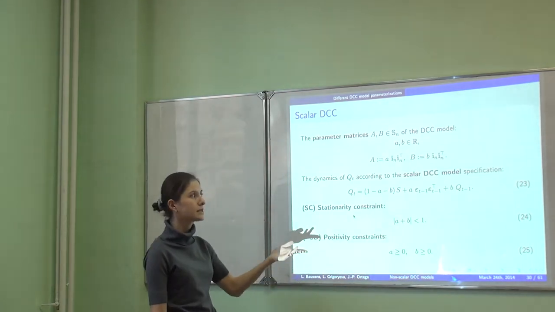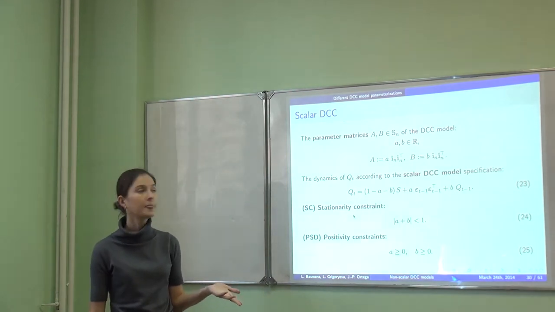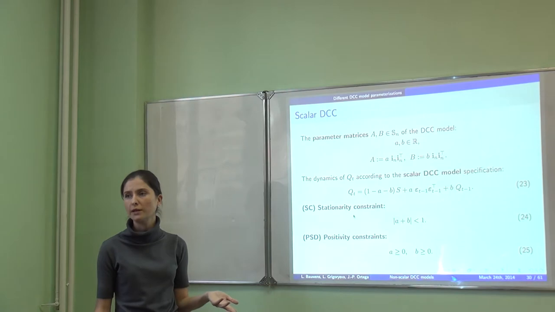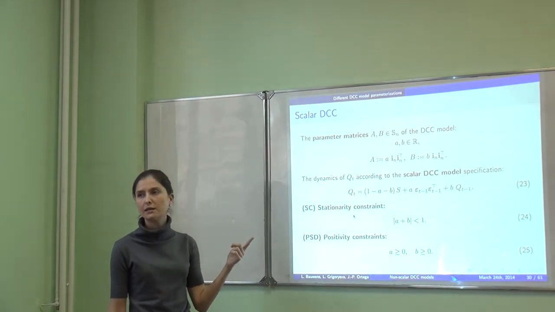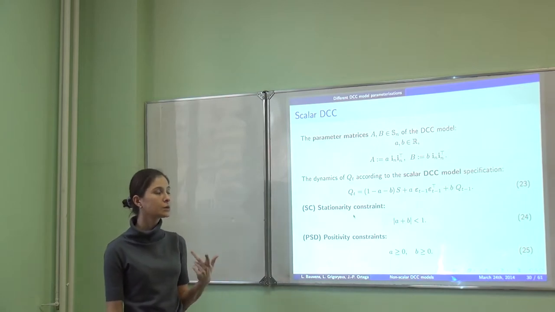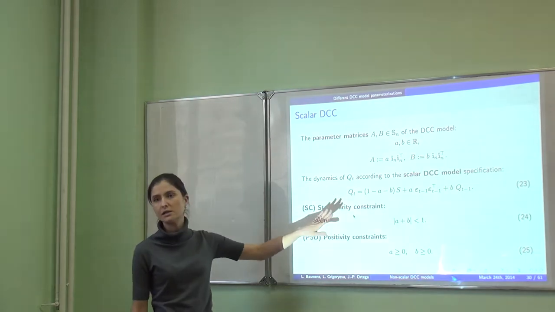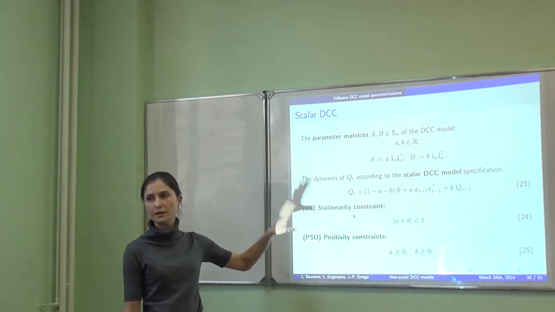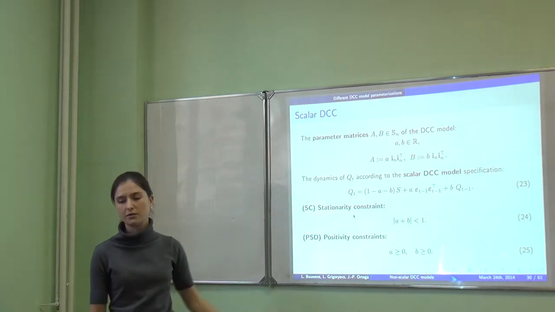So of course, in this case, the estimation is extremely easy to provide, and that is why these models are so widely used. If you think of the other setups that I showed you, there the problem is much more difficult to tackle, and that's why there are non-estimation methods present in the literature. So scalar DCC is the only one that in the literature is given as the one that can be estimated.